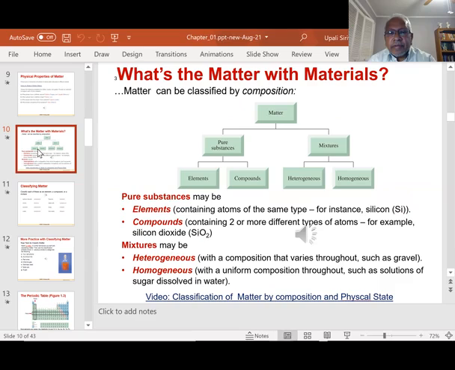Matter is composed of pure substances and mixtures. Pure substances, as we talked about in the previous chapter, are composed of elements and compounds.